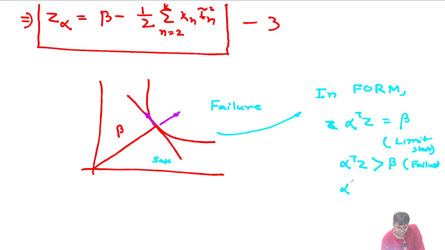And obviously the other one you don't care about, but this is my safe domain. This was happening in case of FORM. What will happen to this in case of SORM? And keep in mind, alpha transpose Z is Z alpha.